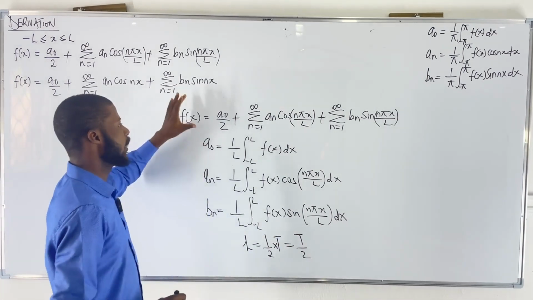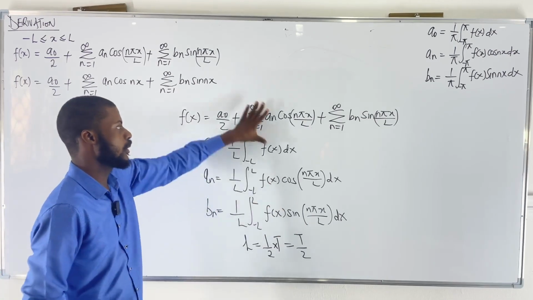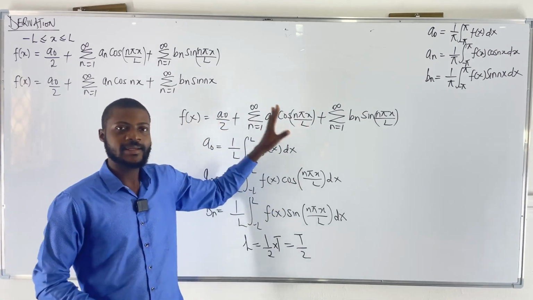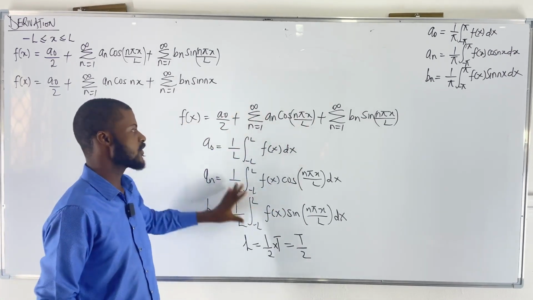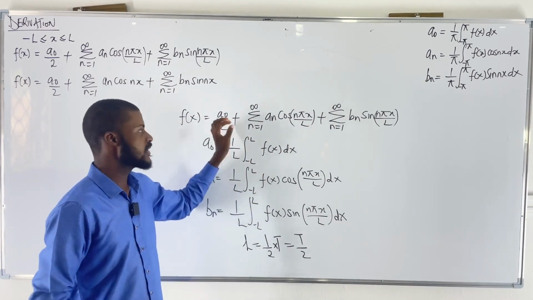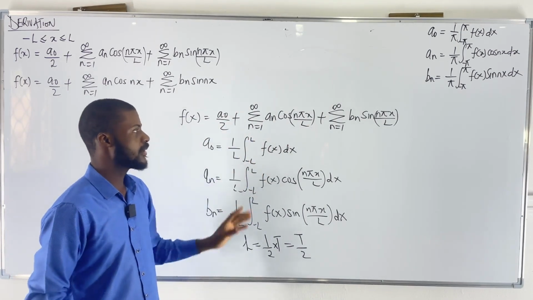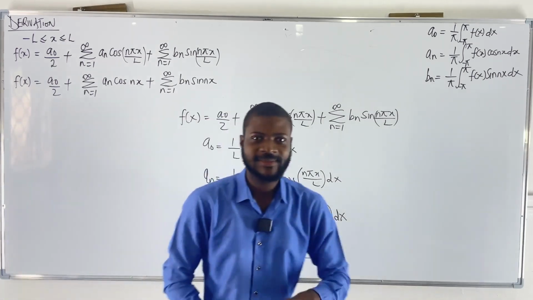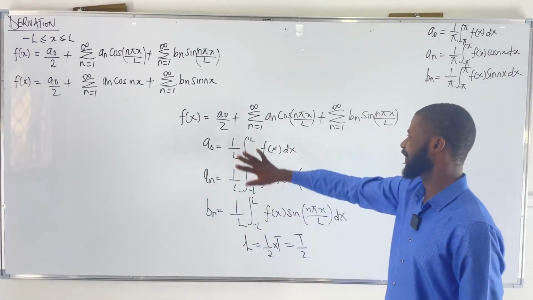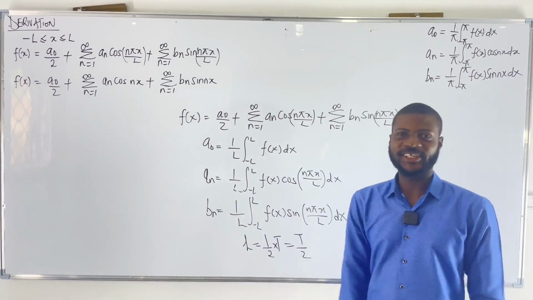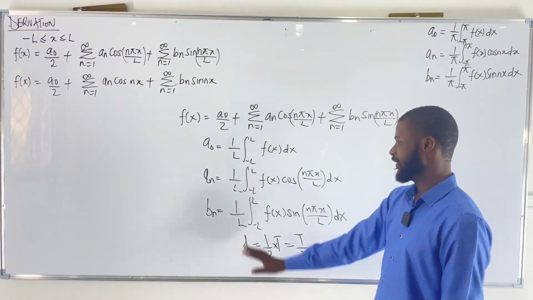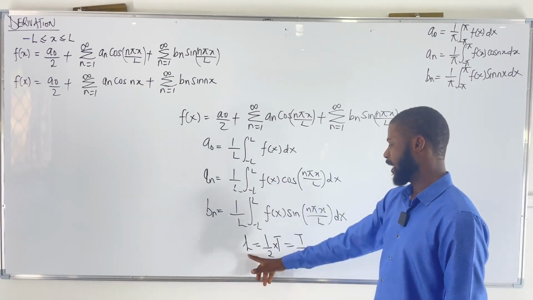You can see that this formula is much more general. This can be solved regardless of your period. Every single thing here is a general formula for Fourier, where L is half period.